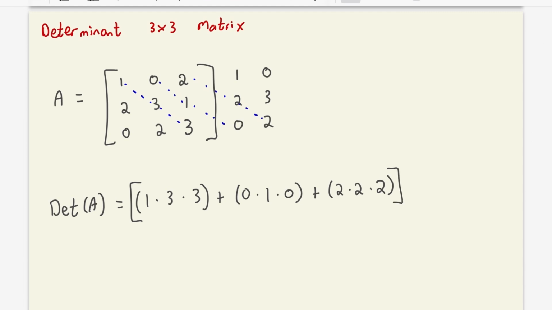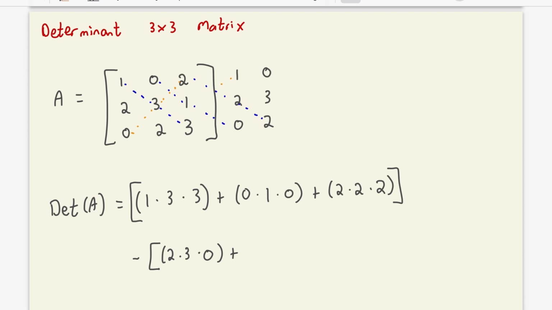And then we're going to subtract the sum of the products of the diagonals going in the opposite direction. In that case, our first diagonal again goes through the matrix. So it's 2 times 3 times 0. Plus then our second diagonal, again, is 1 outside the matrix.